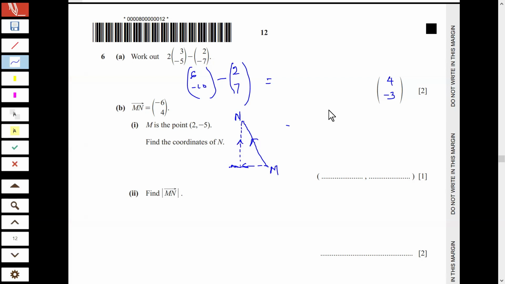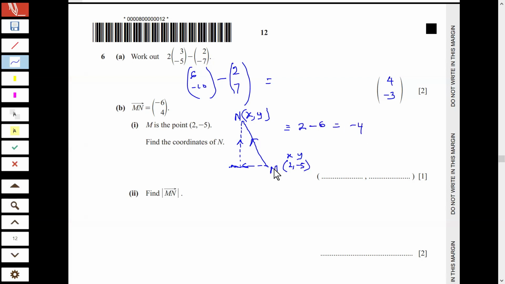So all you're going to do now is, since you're moving here in this opposite direction, here we have our coordinate pair of 2, -5. This is our x and y. So to also find the coordinate pair of the point N, all you do here is to say, we're moving in the opposite direction, so 2 minus 6 equal to -4.